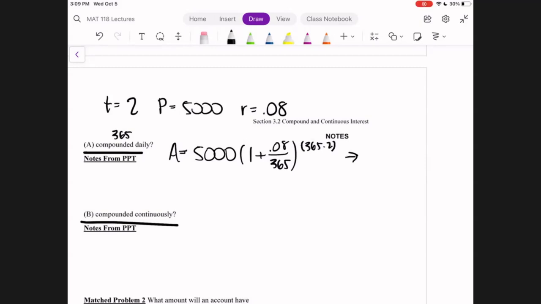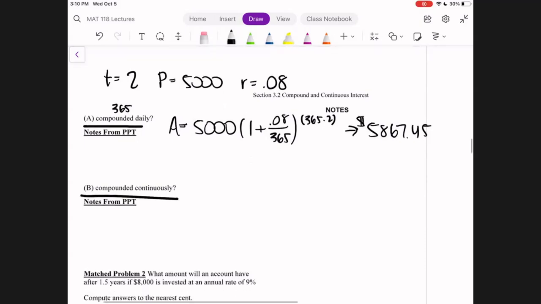So use your calculator or Desmos to compute this value. So I get 5,867.45.